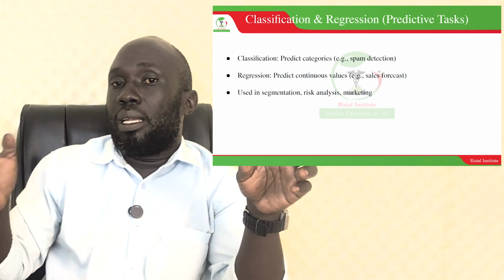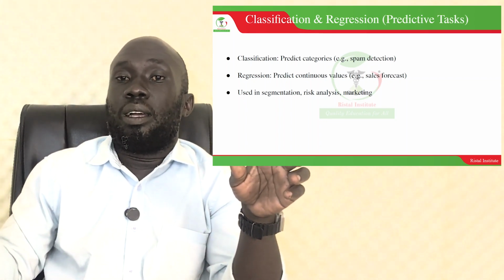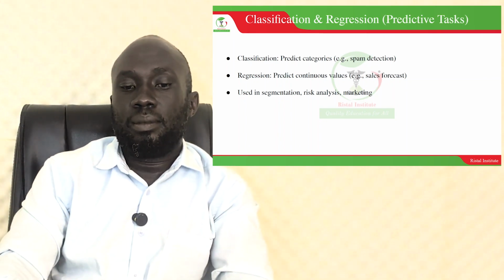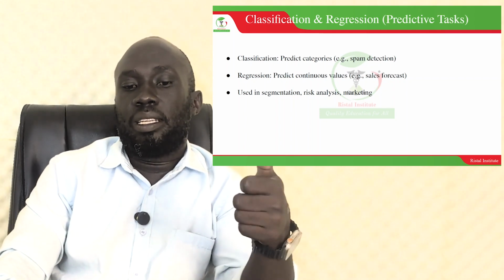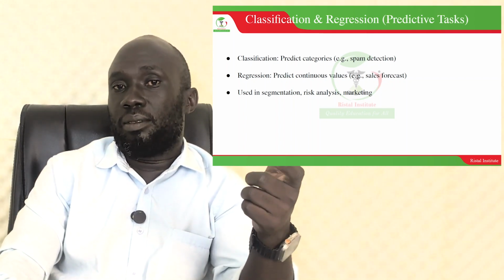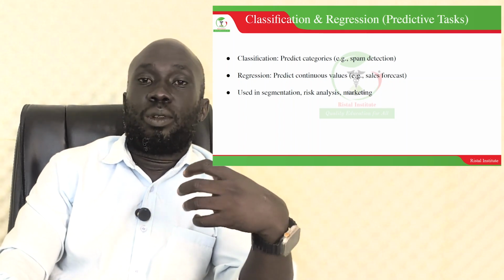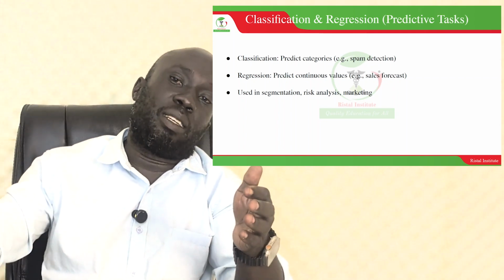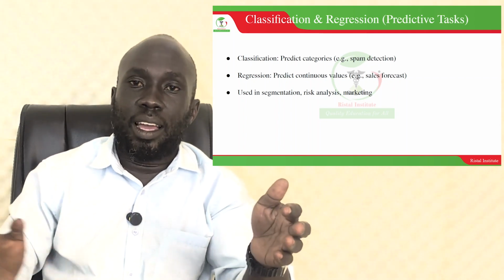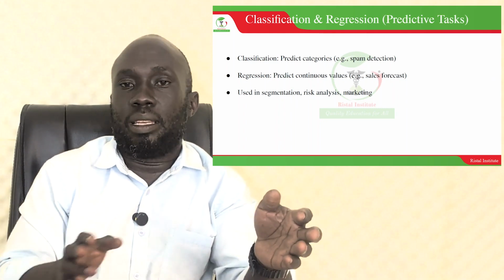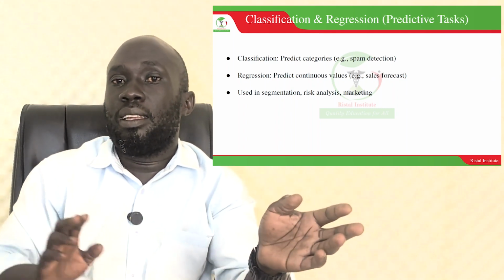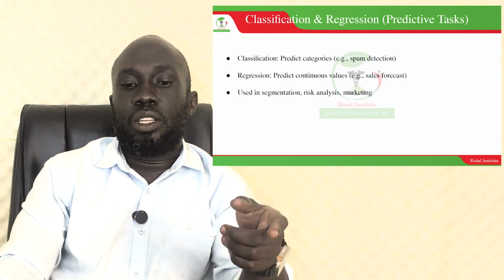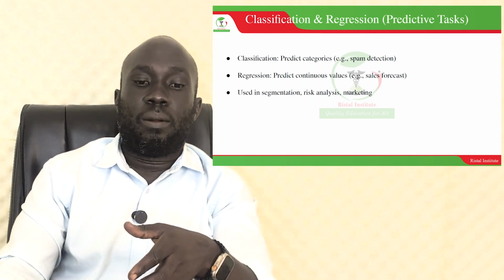But there is one that goes most relevantly with product A. Now this is a category. And then regression predicts continuous values, for example a sales forecast. When someone takes product A, they will definitely take product B or C along with them. That is something guaranteed, known. They are used in segmentation, risk analysis, and marketing.